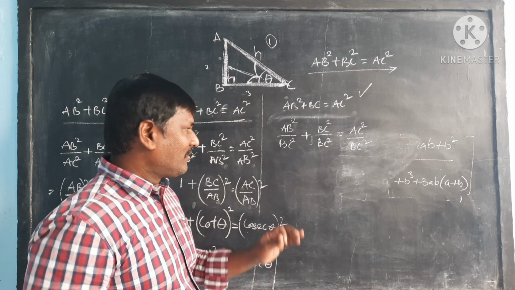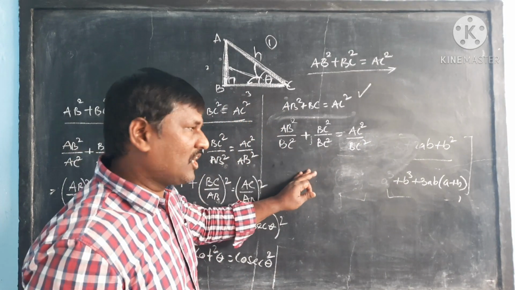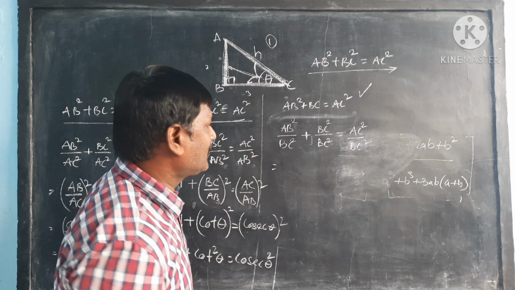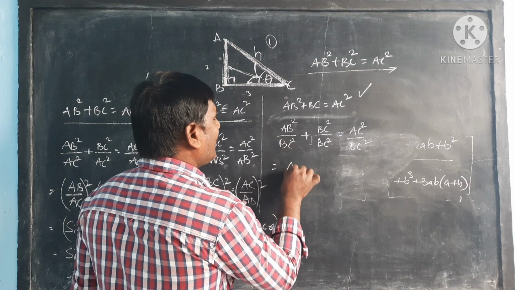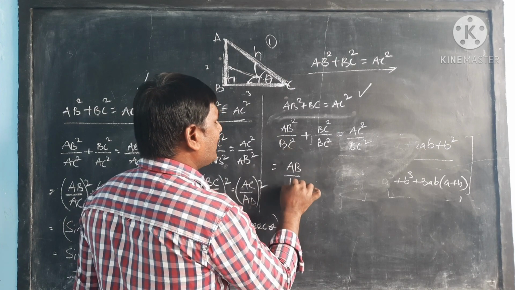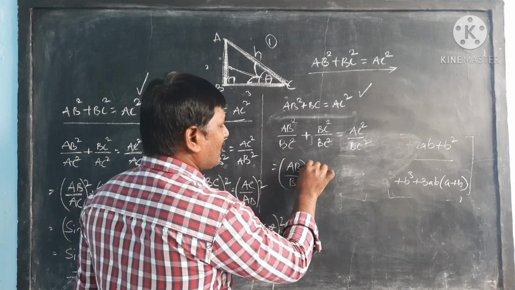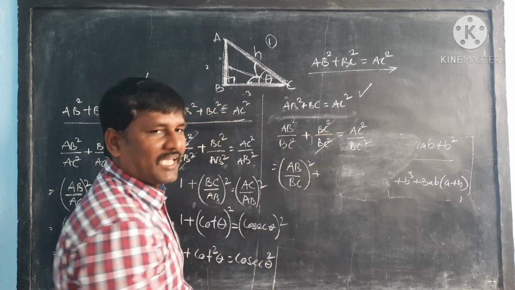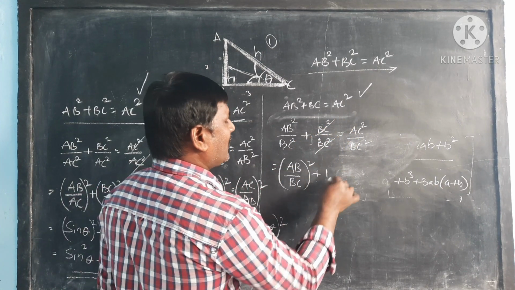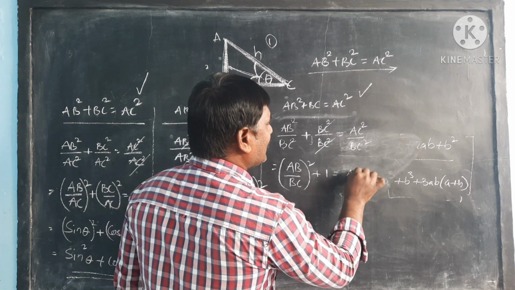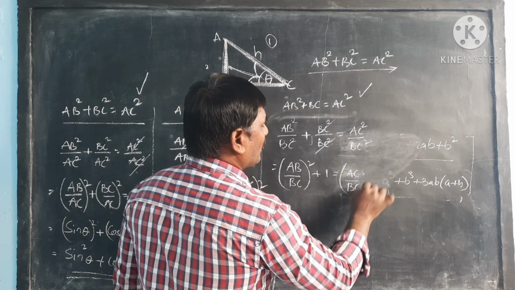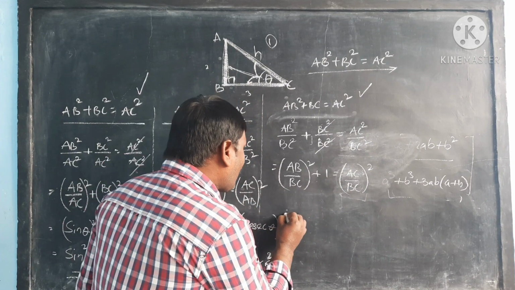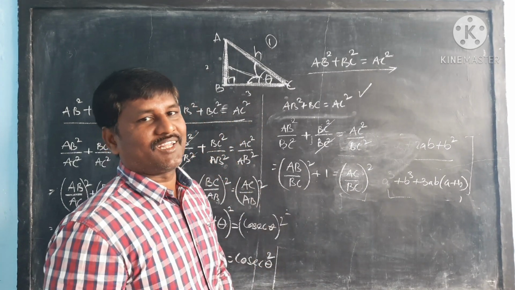Okay, right? I divided BC square into each term of the Pythagoras theorem. Now we can write AB by BC whole square plus 1, as BC square cancels, is equal to AC by BC whole square, because it is square for both terms.